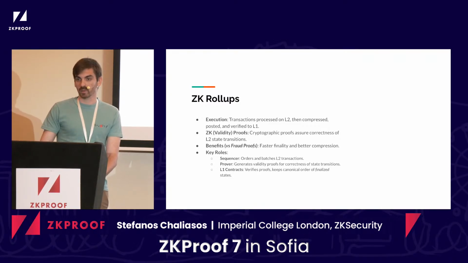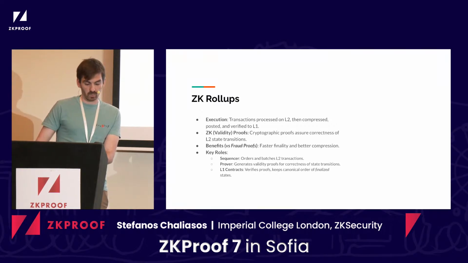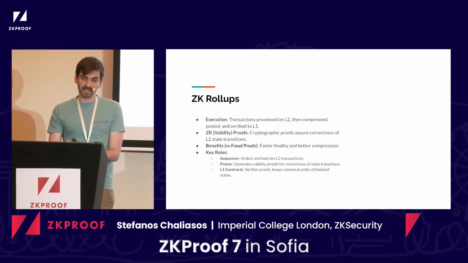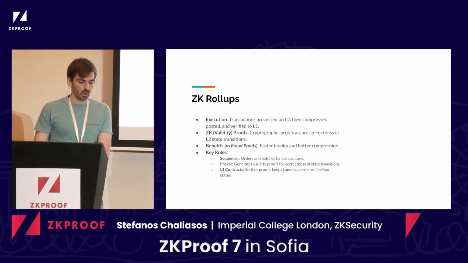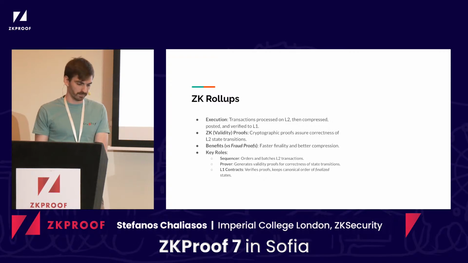We have a prover that generates validity proofs that prove the correctness of our state transitions, and we also have an L1 contract that verifies proofs in the L1 and keeps a canonical order of finalized states of the L2 blockchain in the L1.